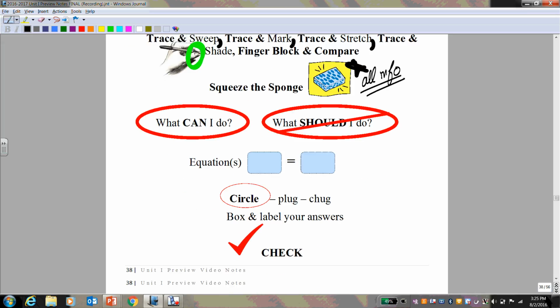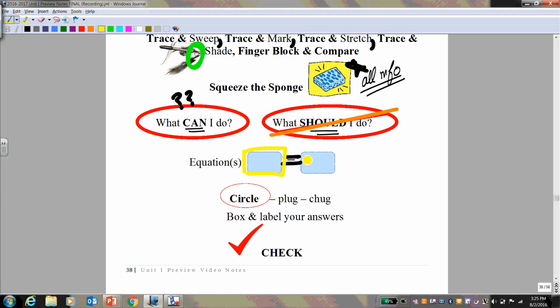And then you ask yourself, what can you do, not what should you do? Be very careful. The minute your brain asks the should question and you don't know what you should do, you stop. That should do question paralyzes most students. In other words, you ask yourself, well, what can I do? When you use equations, I want you to always put an equal sign.